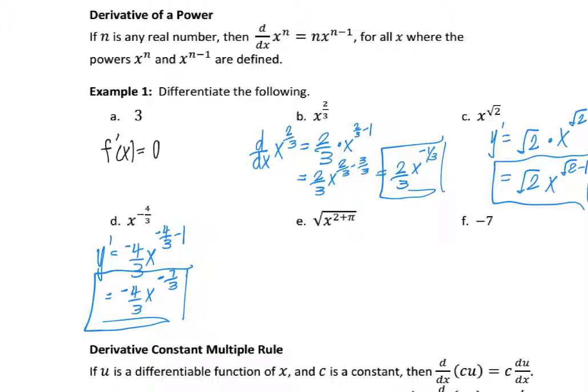Okay, so on E, I'm going to have to rewrite that one because right now it doesn't fit my rule of x to a power, because x is trapped inside of another function. Right now it's trapped inside of a square root function. So I'm going to rewrite my original function, my f of x, as x to the 2 plus pi power, and that pi is up here as a power.